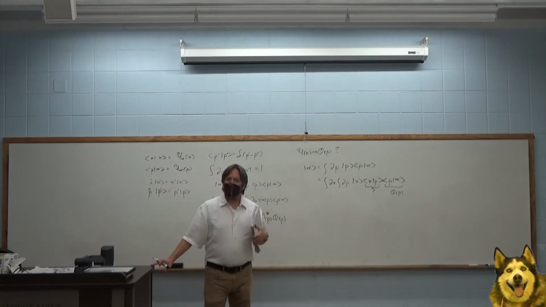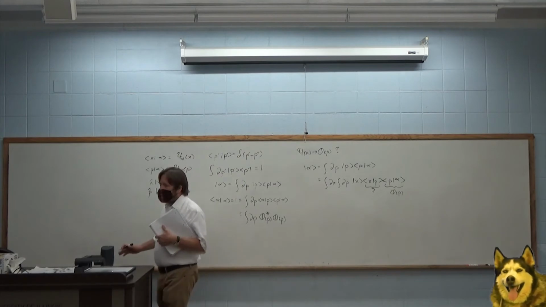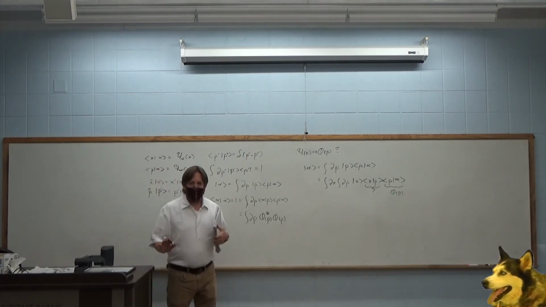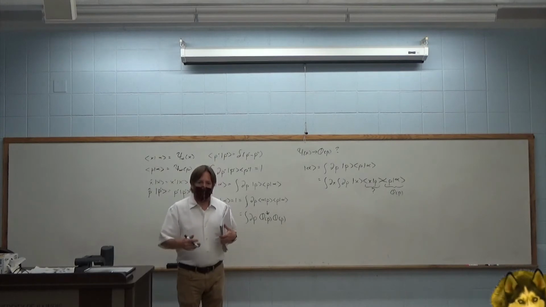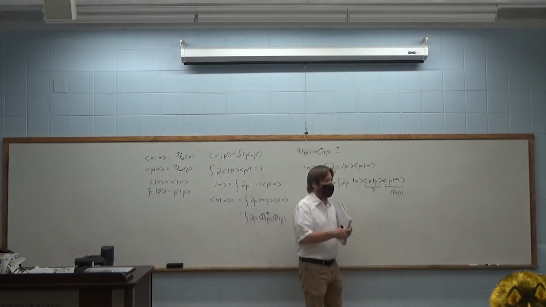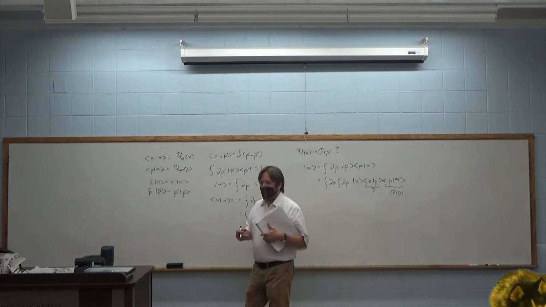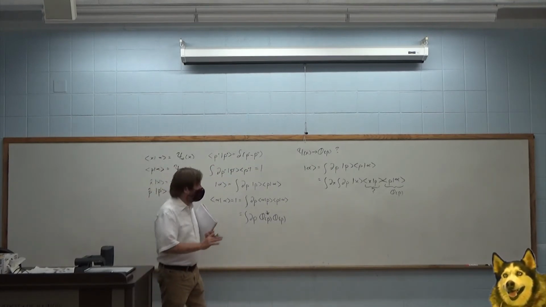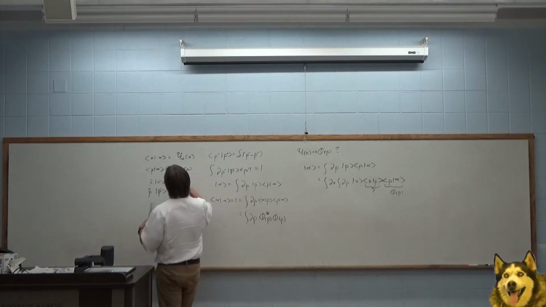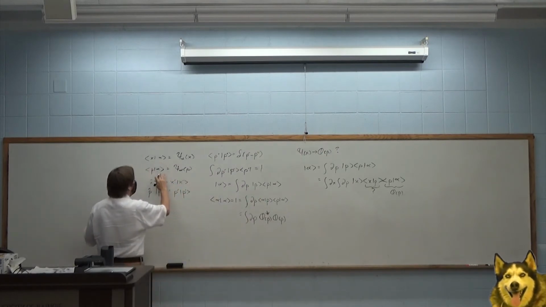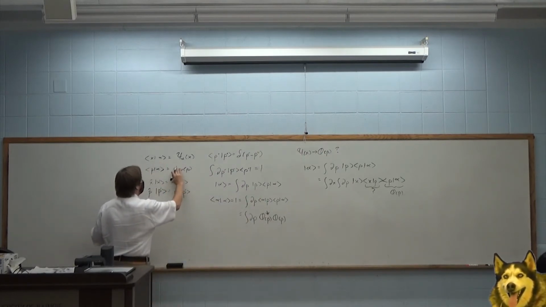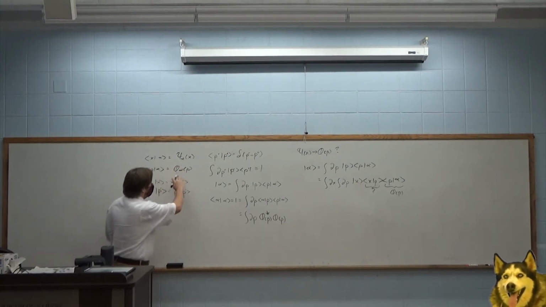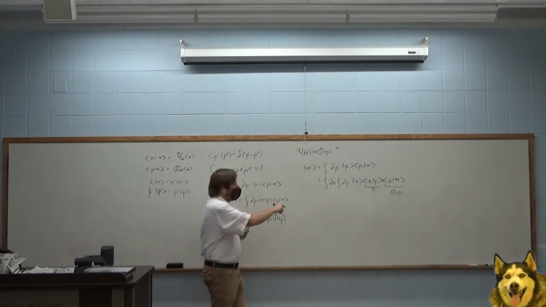Now, as I mentioned several times, kets are not hard, bras are not hard. Hopefully you kind of feel like you got a feel for them, but now you get this, but now what the heck is that?